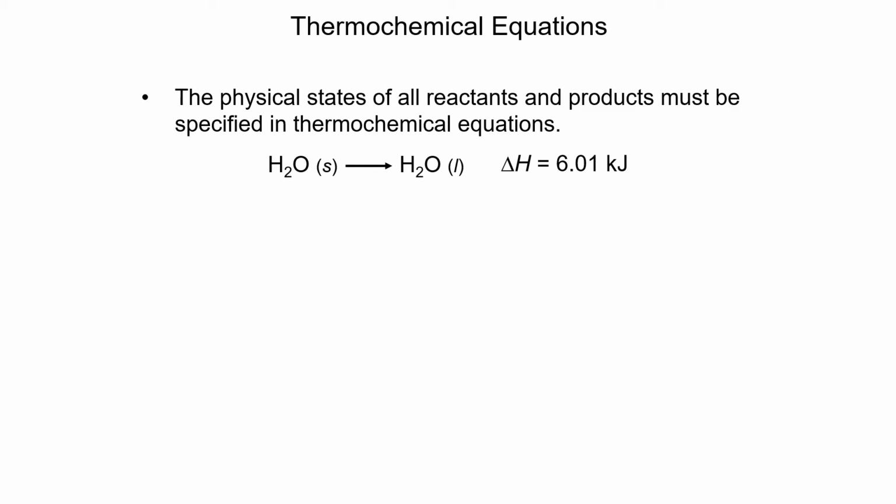So solid to liquid water, we know delta H is 6.01 kilojoules. But if we're going from the liquid state to the gaseous state, the delta H is 44. It requires more thermal energy to convert that liquid to vapor.